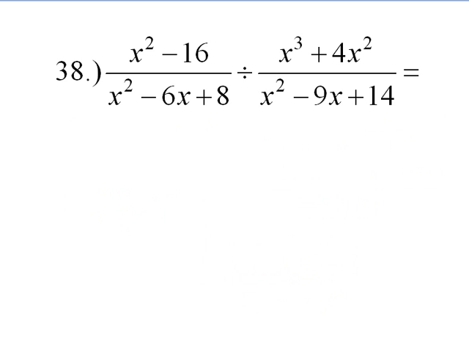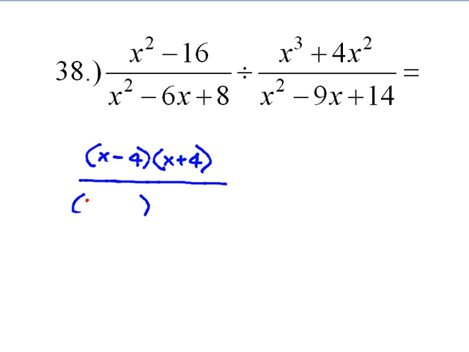Okay, here's the last one I'm going to try, and then I'll give you one. Okay, we've got another divided by. So let's see. X squared minus 16, that is the difference of squares. Now I've got to factor a trinomial.